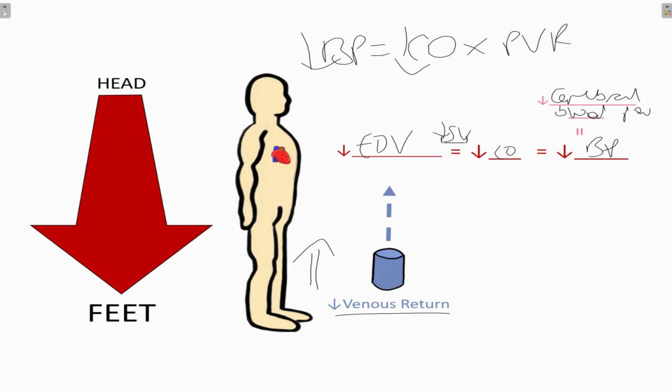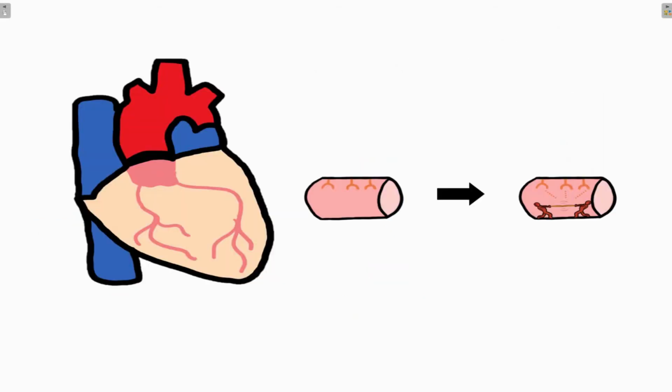Now, the body actually has a natural homeostatic mechanism that triggers if appropriate. It happens at a pivotal part of the process, which is when the blood pressure decreases, and it activates certain receptors. It activates receptors found in the aortic arch.